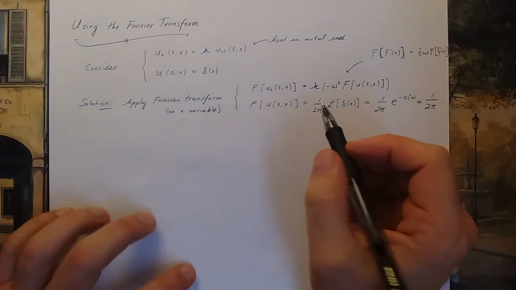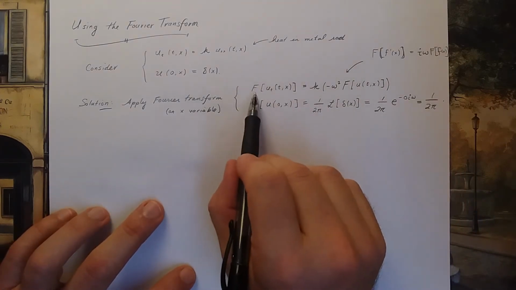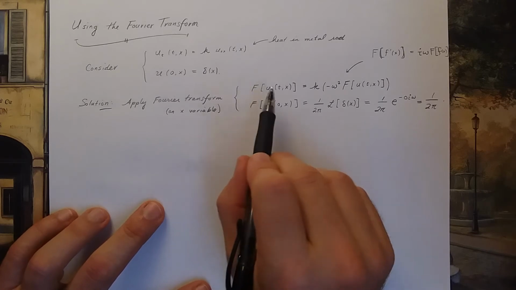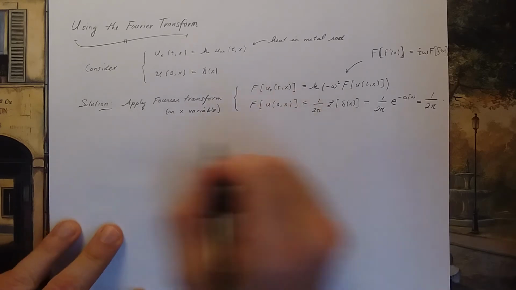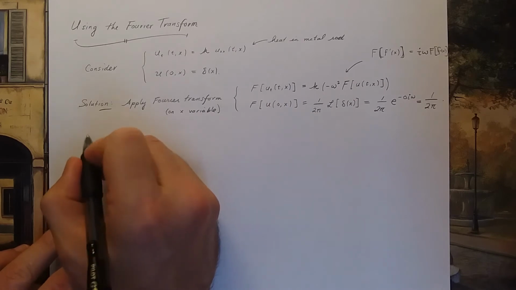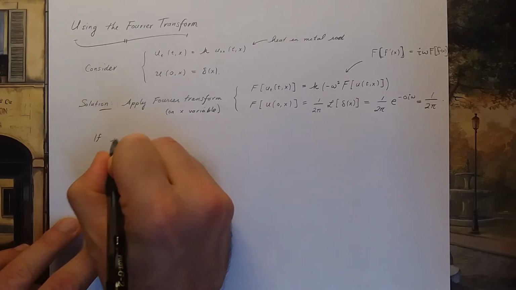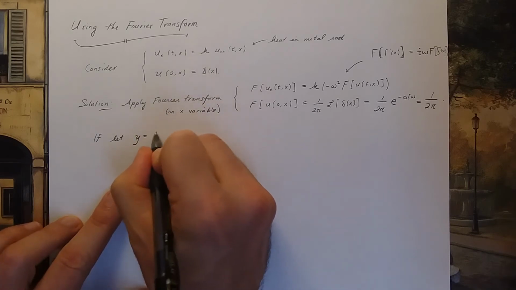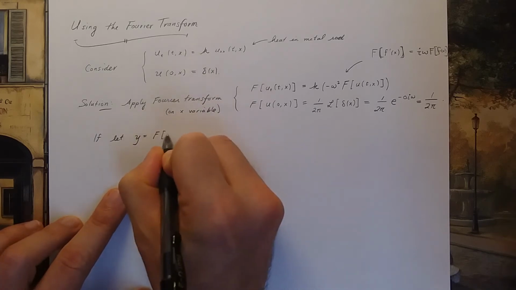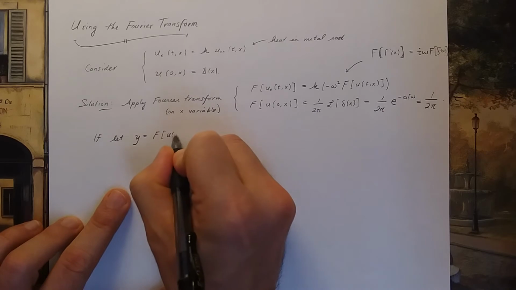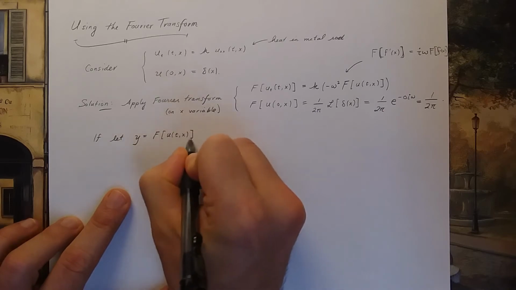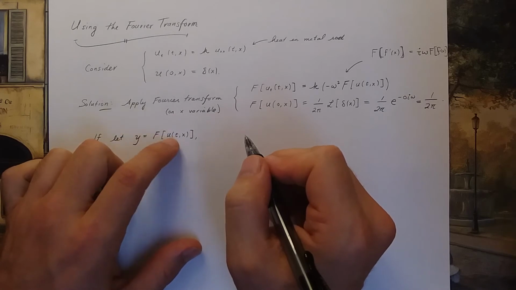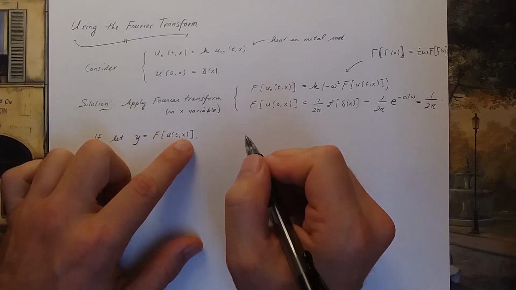Okay, well now I have an ordinary differential equation in t. So if I let y equal the Fourier transform of this function, this new function is really a function in t and omega.